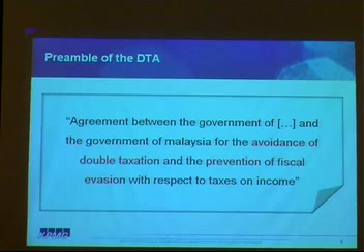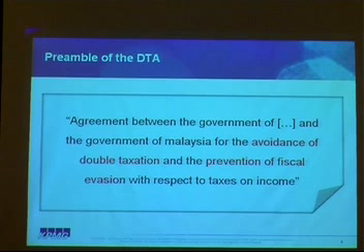The other side of the coin, so from the country of residence granting a credit or exemption, the other side of the coin is for the country of source to either reduce the scope of its taxes or to cut or reduce the rates of its withholding tax. And we'll look at some of the rates in a while. If we're going to look at DTAs, I think, as with most things in life, the best point to start is at the beginning.